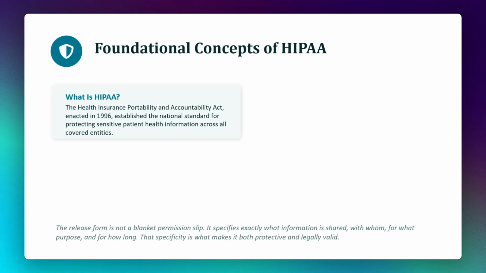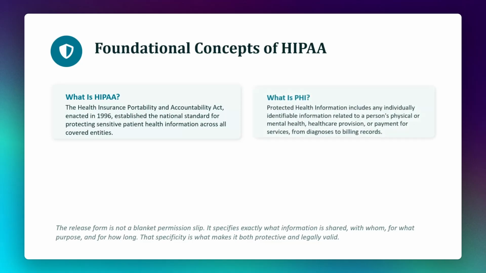First, what is HIPAA? HIPAA stands for Health Insurance Portability and Accountability Act. It was enacted in 1996 and it set the national standard in the United States for protecting sensitive patient health information. A key concept is protected health information, or PHI.